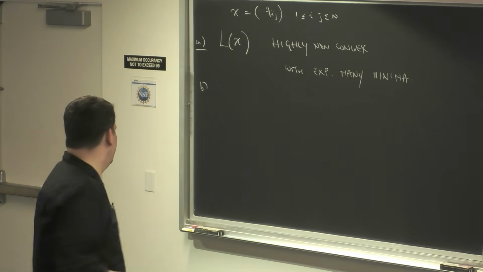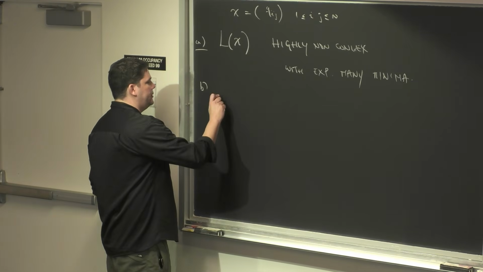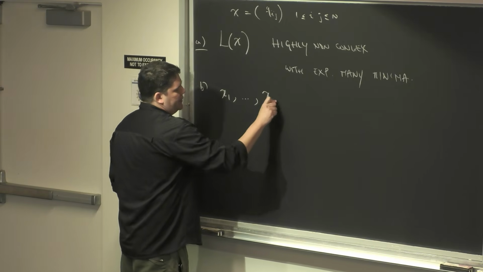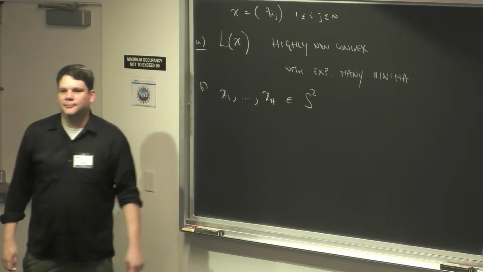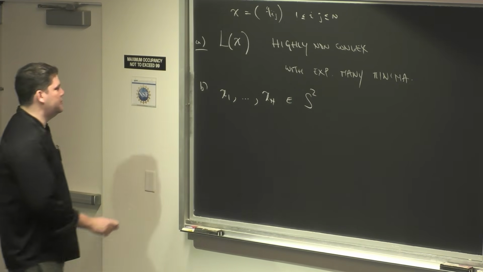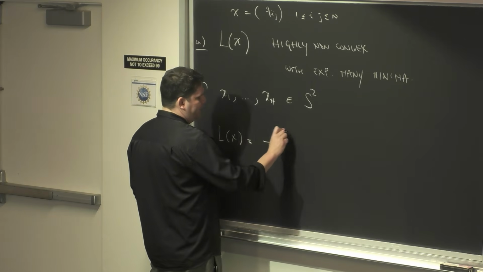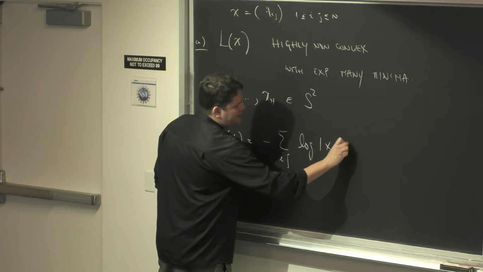The second example is a very simple function. You take x1, ..., xn points in the two-dimensional sphere. And then I'll define a function which is just minus the sum over ij of log of |xi minus xj|.